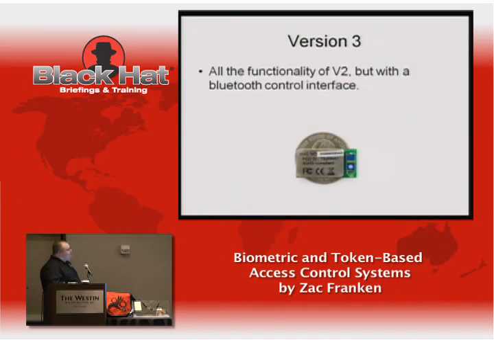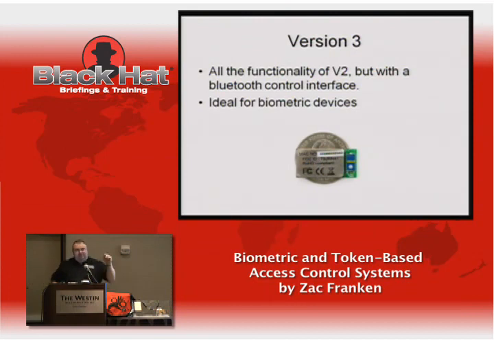This is a little Bluetooth device. So it's got all the functionality of V2, has a Bluetooth interface. You need it for biometric devices because obviously they don't have command cards to be able to inform the Gecko device what to do.